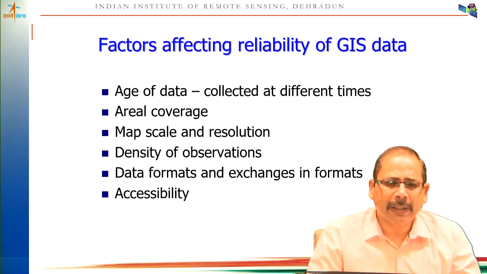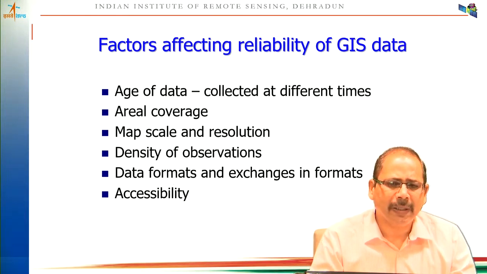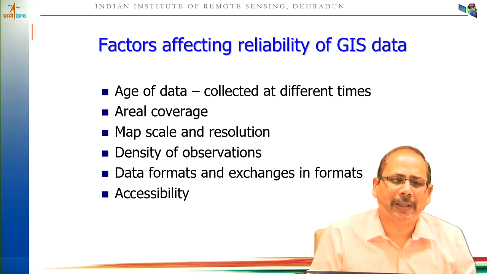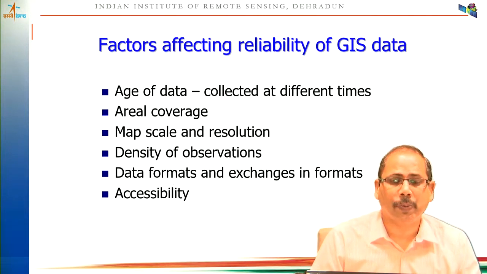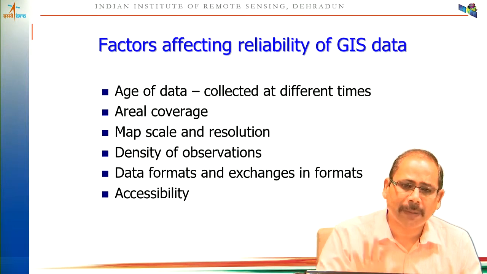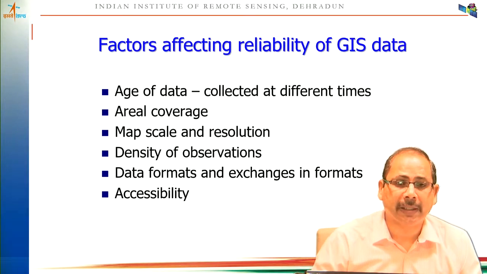If you are simply drawing or digitizing some geographical feature, it doesn't mean that you are creating correct data. You have to understand there is a very clear difference between simple drawing and GIS. When you are working in GIS, you have to take care of the different errors, quality parameters, metadata, and uncertainty in these data sets.